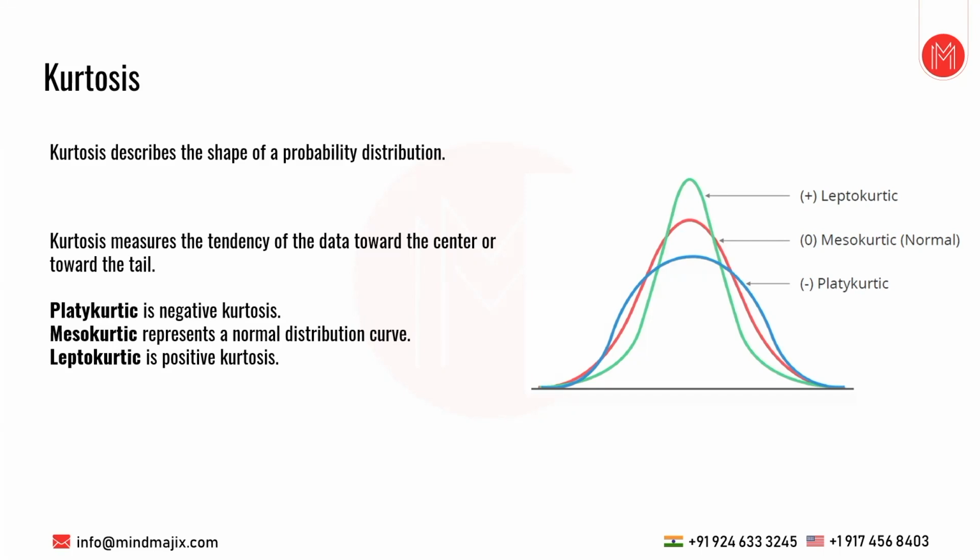Also, kurtosis measures the tendency of the data towards the center or towards the tail. Basically, three types of kurtosis are available. Platykurtic is negative kurtosis, mesokurtic represents a normal distribution curve, and the third one, leptokurtic, is positive kurtosis.